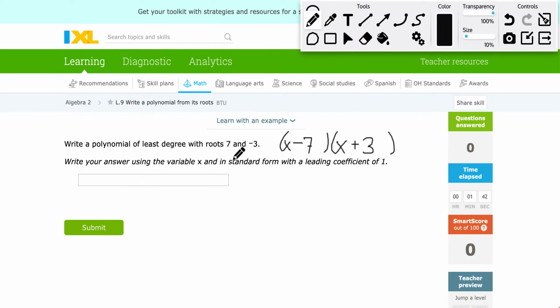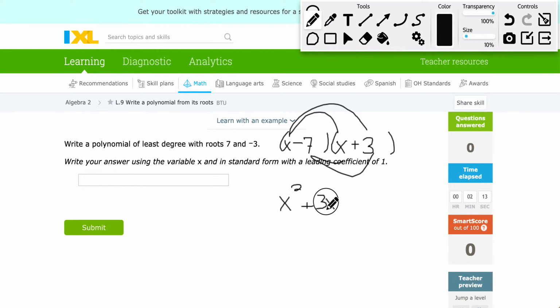But it wants standard form, so what that means is we need to simplify this by distributing. If I actually do distribution here, think about that x times each, and then the -7 times each. So x times x is x squared. x times 3 is going to give me a 3x.